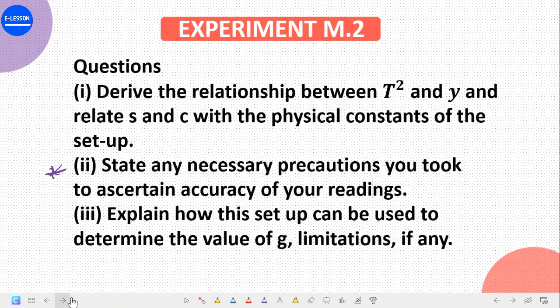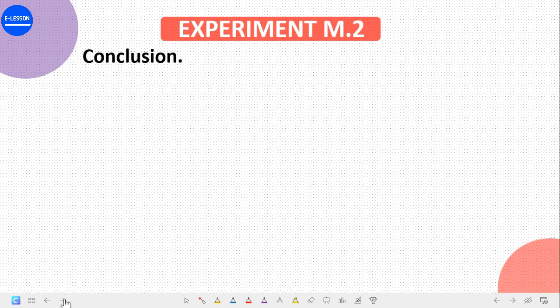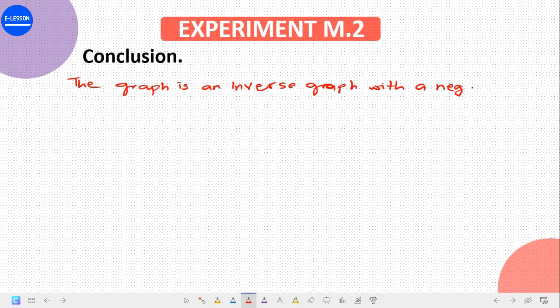And then finally, the conclusion. In your conclusion, what you are going to say is the graph is an inverse graph with a negative slope, measured to be minus 0.04 second square per centimeter.